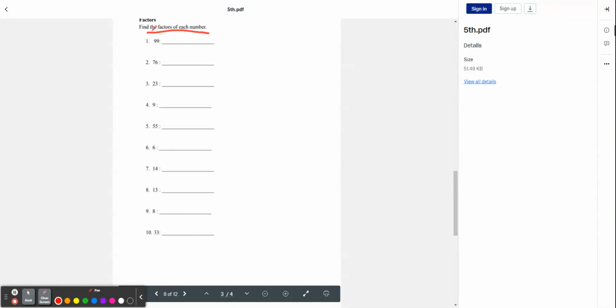Okay, finding the factors for each number. Let's try 5. So we know that 1 and the number itself are always the two factors. And we're going to start by trying 2.